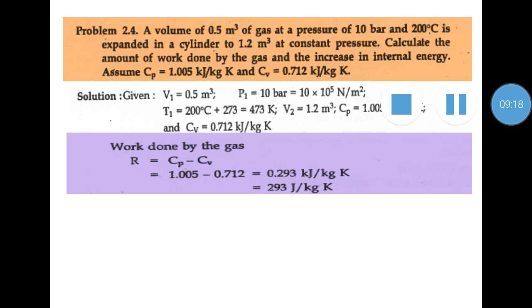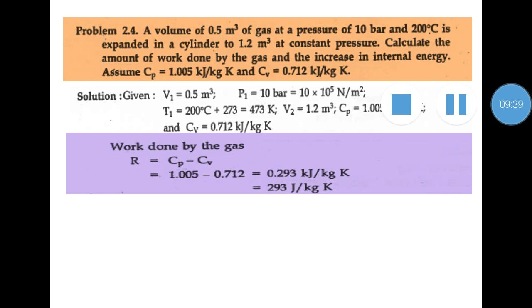So first we find out work done by the gas, that is R is equal to Cp minus Cv. These relations we derived in the first step, the relation between the specific heat at constant pressure, specific heat at constant volume and the gas constant, that is R is equal to Cp minus Cv.